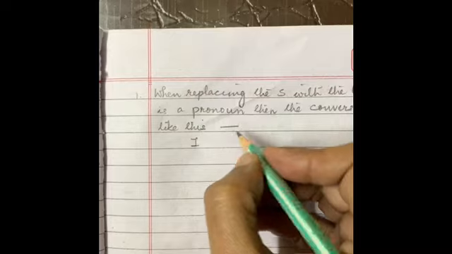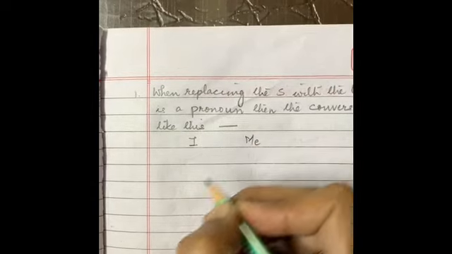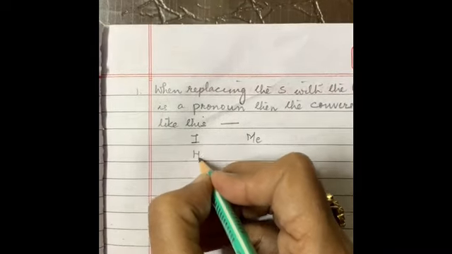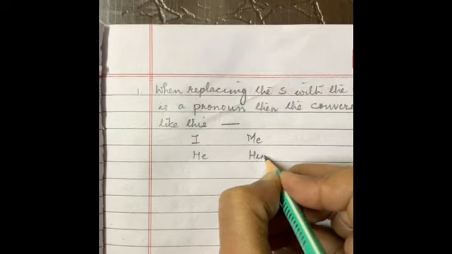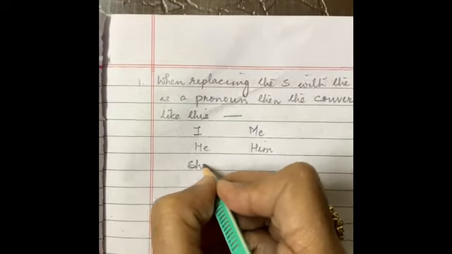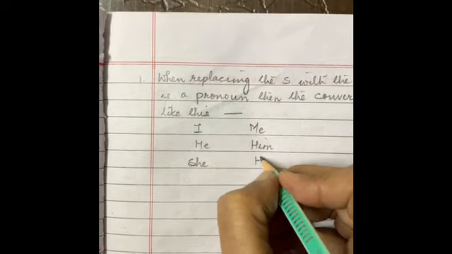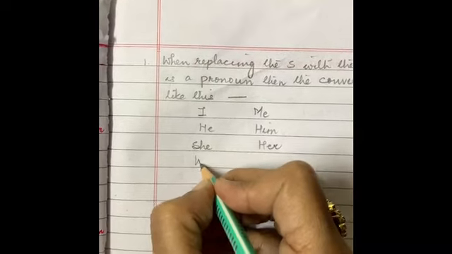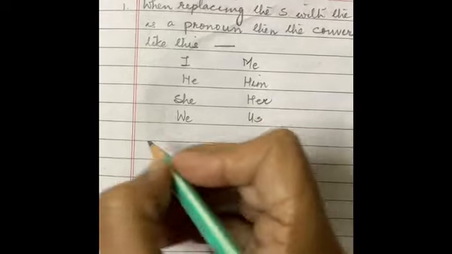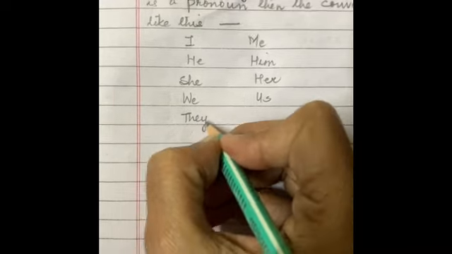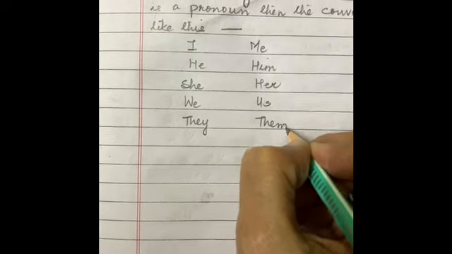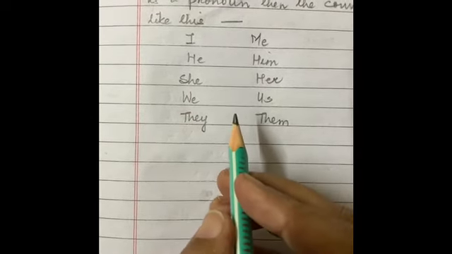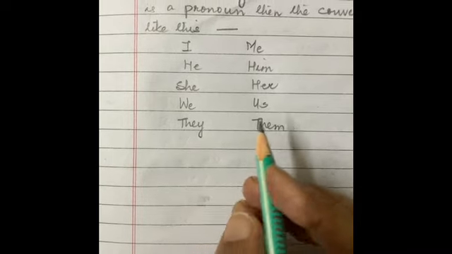I will become me, he will become him, she will become her, we becomes us, they becomes them. Please remember this properly.